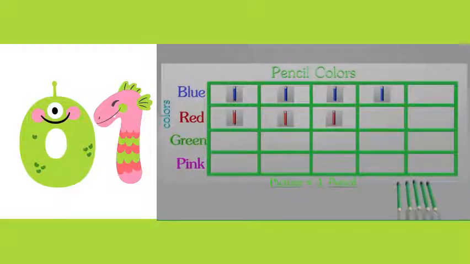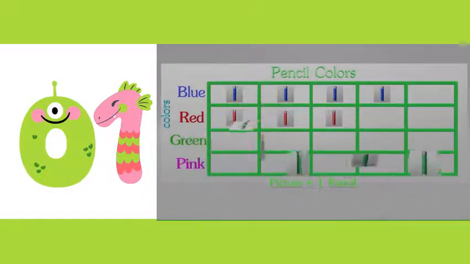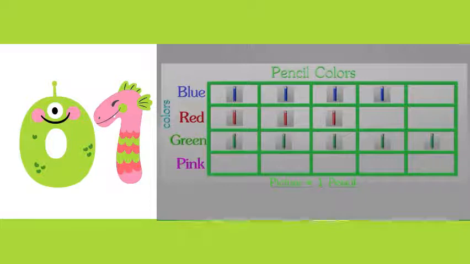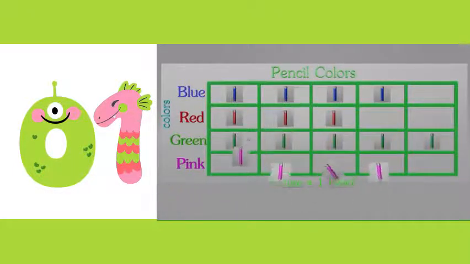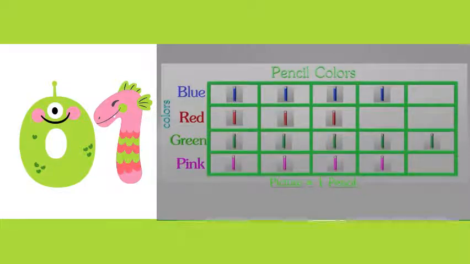How many green pencils do we have? We have 5 green pencils. Let's put down 5 pictures for the green pencils. Great job! We have 1 more left to put on the graph. How many pink pencils do we have? We have 4 pink pencils, so let's put 4 pictures to represent all 4 pink pencils.